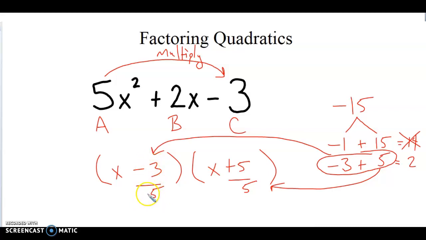So this didn't divide evenly, so that 5 is going to slip up right in front of the x. So we get 5x, so that's gone, and then we're left with minus 3. Now our one over here, 5 divided by 5, that does divide evenly to be 1. So we end up with x plus positive 1. Nothing needed to move up because they divided evenly. So we're good.